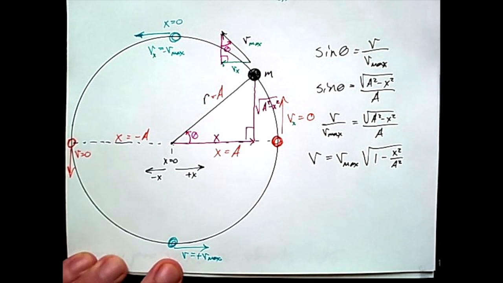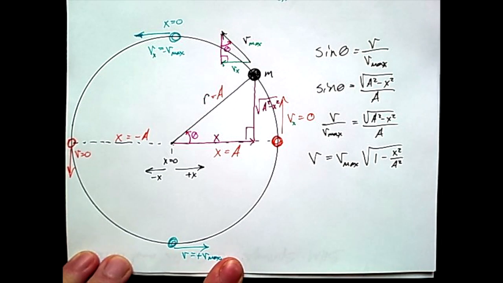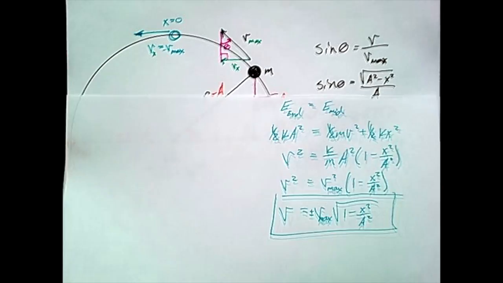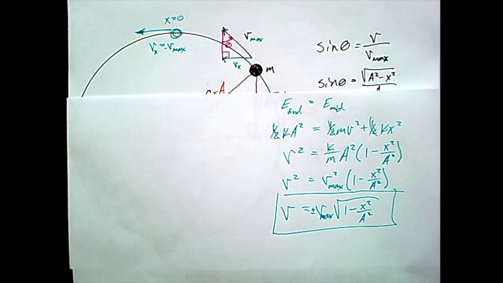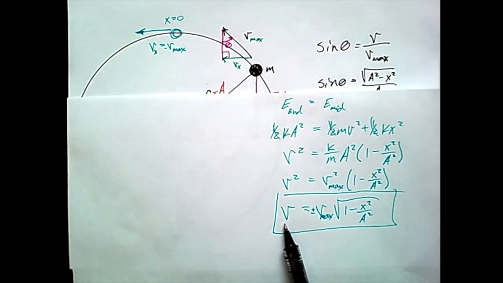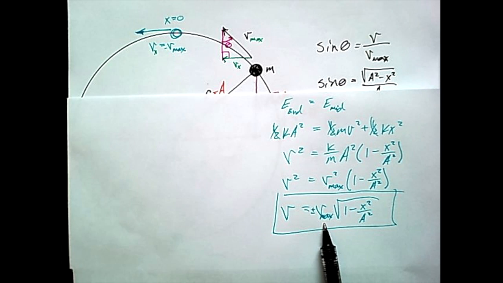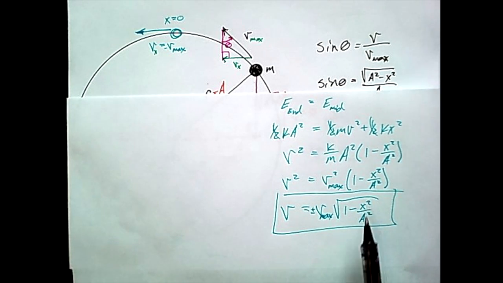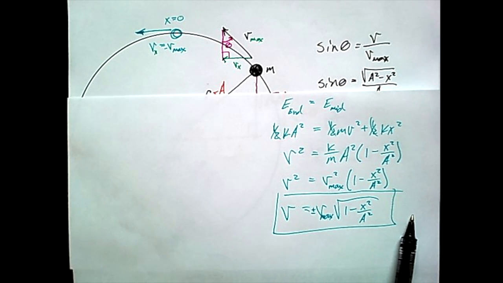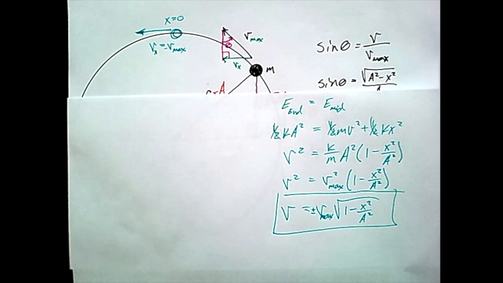This formula should look familiar to you, as it's what we just derived a moment ago with our spring. And so the velocity equal to plus or minus v max times the square root of 1 minus x squared over a squared was derived from an entirely different system, but the system was undergoing a similar motion.